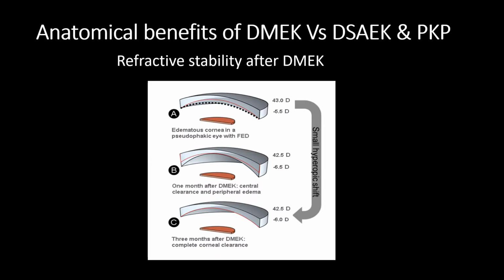Because we are inducing such a small anatomical change to the cornea, we are not really changing the corneal refraction significantly, and in fact, the small change in refraction comes mainly from the deswelling of the cornea.